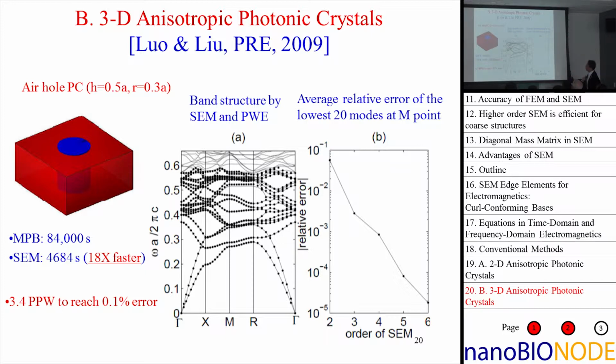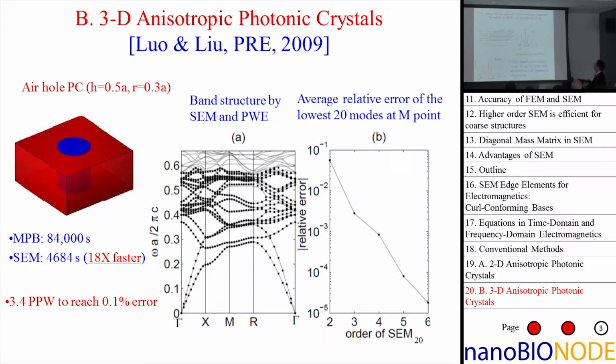The plane wave solution, of course, cannot go very far because it's not very accurate for very high order modes. But we can get very accurate results even for very high order modes. For this case, we compare the speed. It's about 18 times faster than the MPB package. And this is again the convergence curve.